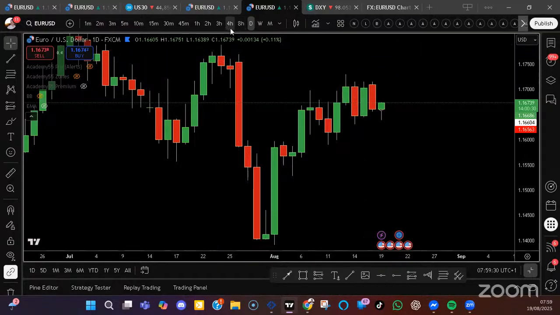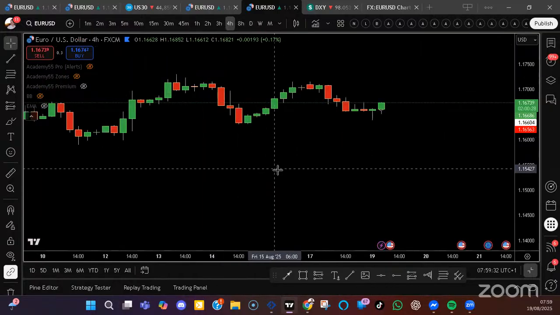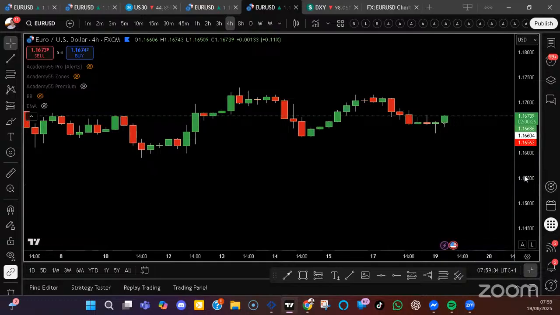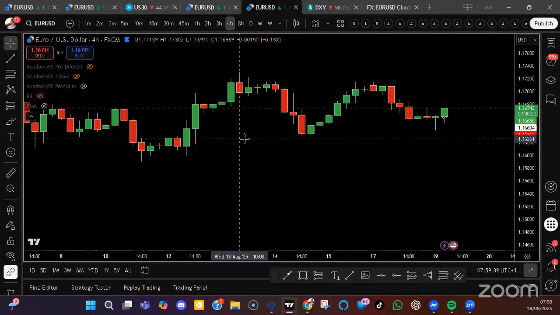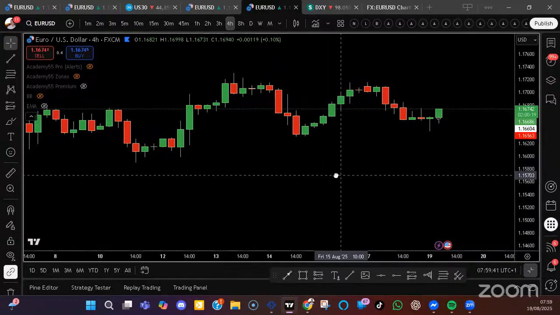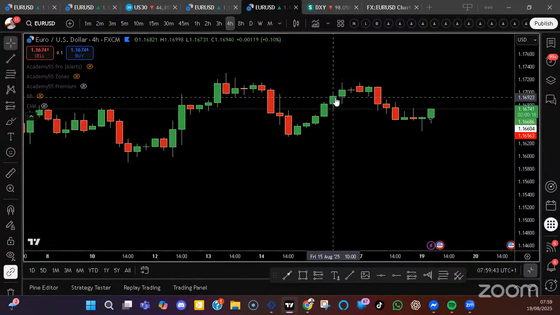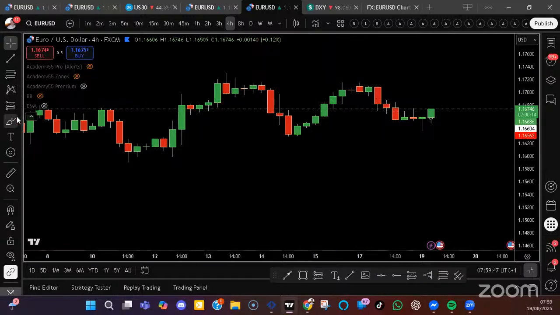So we go down to the 4 hourly, and that zone is more prominent now. I think I'll mark this out. We have a wee bit of imbalance.